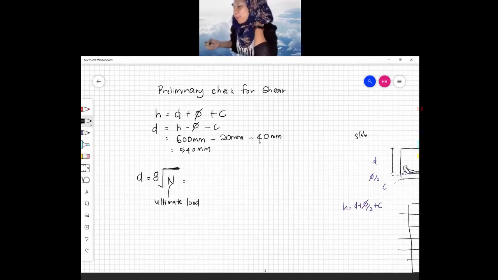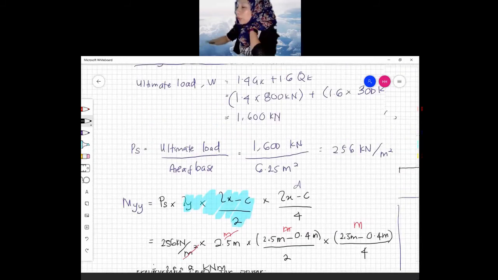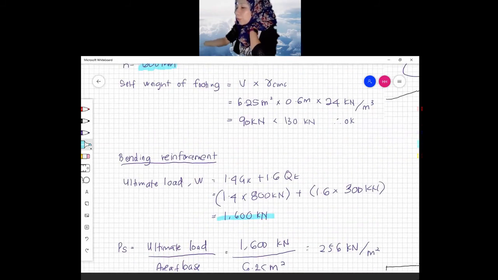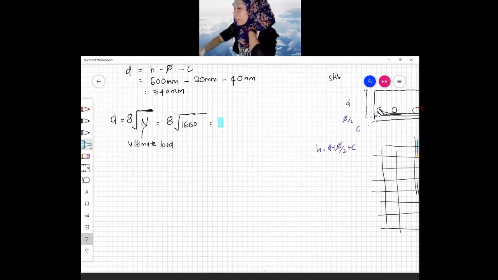Okay. So, kita akan compare dengan value yang dalam formula ni. So, D. Okay, our N, which is the ultimate load adalah 1600. Okay, tengok ultimate load kita ada kira ni. 1600. Dapat 320.